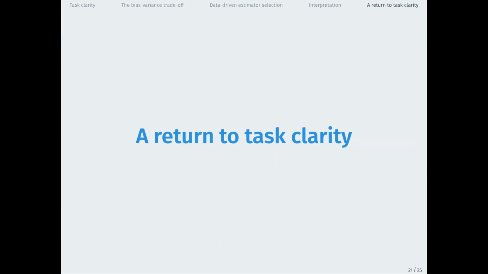I want to close by returning to task clarity. At the beginning, I said that we always have to think carefully about what we're trying to accomplish with our statistical or machine learning analysis, and that what we're trying to accomplish should drive all our choices beyond that point. So we talked about how you might think about estimating the mean outcome of students in specific classrooms.